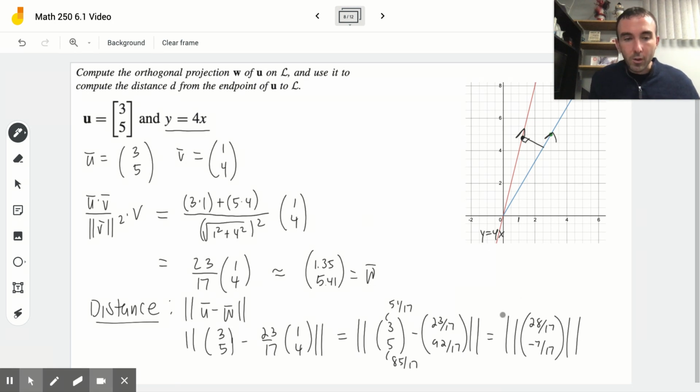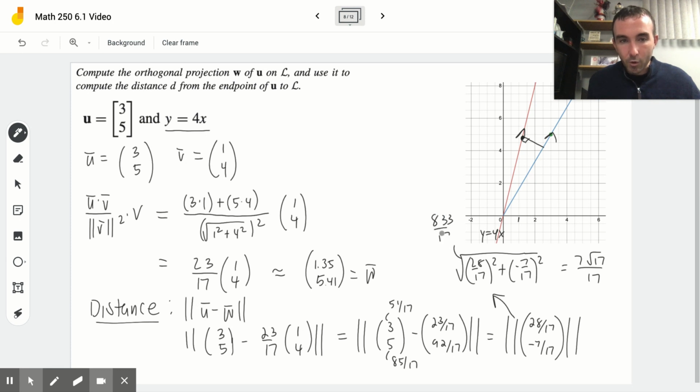And to finish it, to find the norm, I'll go back up here since I'm running out of space. To find the norm, I'm going to square each component and then take the square root. So I would be squaring 28/17 and -7/17. After you get through all that, the fractions add up together to 833 over 289, which has a perfect square inside of it.